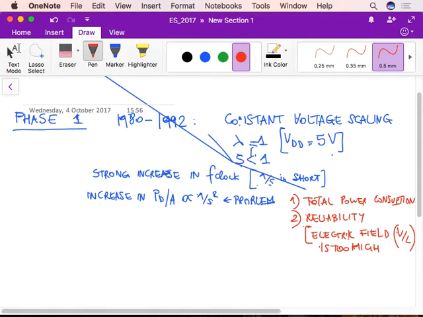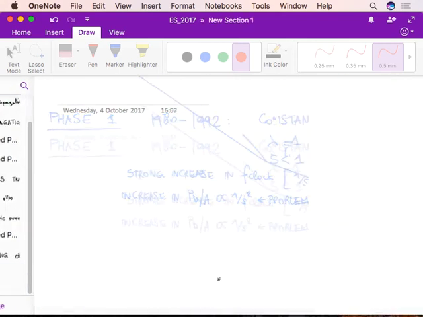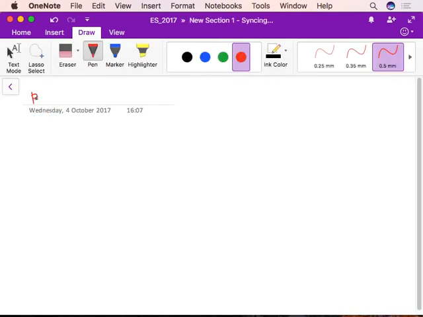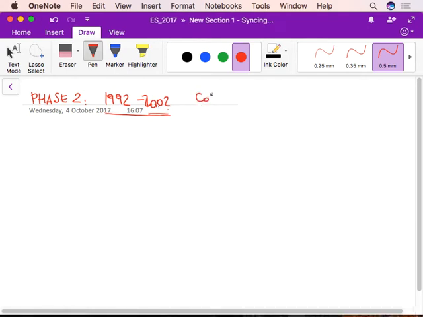The second phase has been more or less from 1992 to 2002, maybe a little bit more than 10 years, and was a phase of constant field scaling.